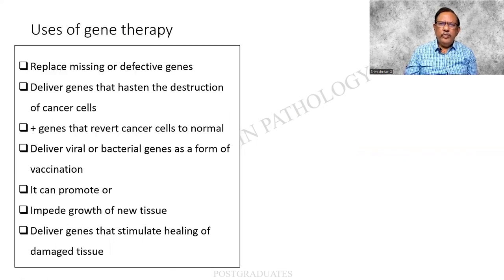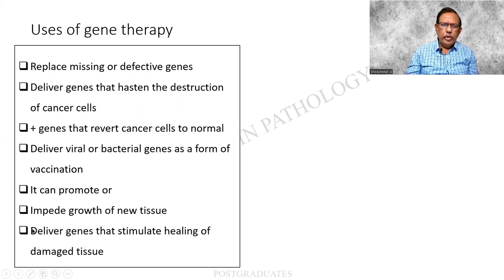Now, what are the uses of gene therapy? To replace the missing or the defective genes. To deliver genes that hasten the destruction of cancer cells. And to add positive genes that revert cancer cells to normal. Deliver viral or bacterial genes as a form of vaccination.